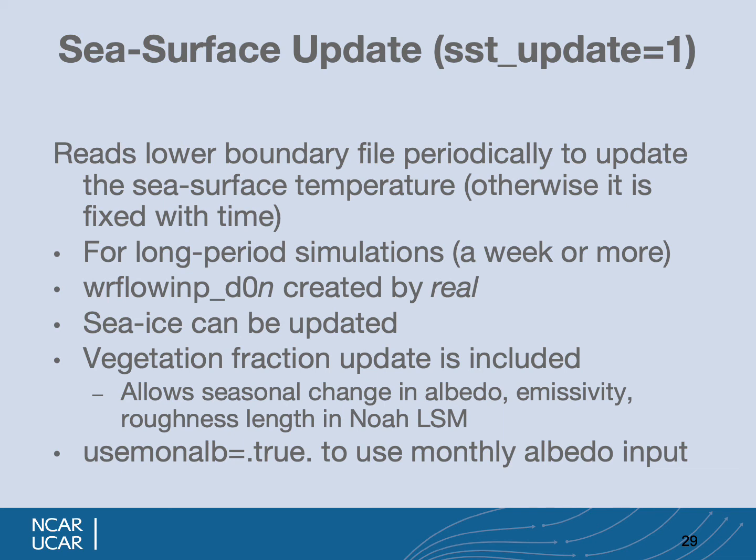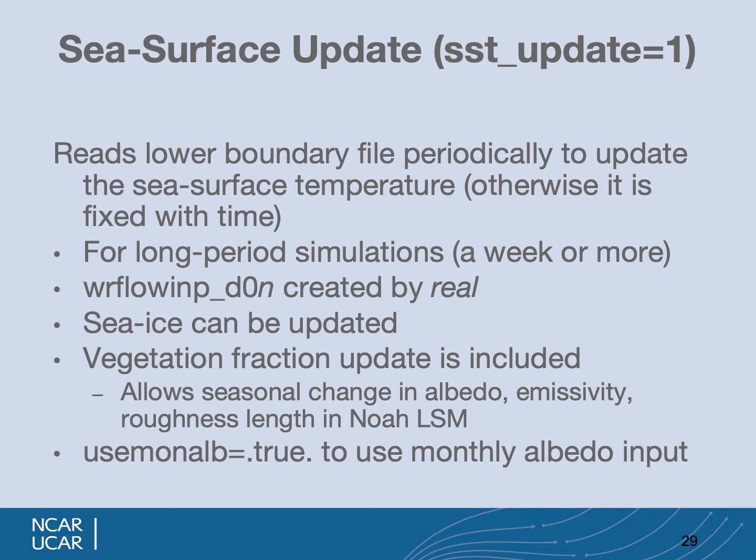Sea ice is also updated at the same time. These fields are put into the WRF input file when you run real with this switch turned on. And they're coming from the same place as your meteorological data. They're coming from the METGRID files, but they're put into this WRF input file, which is a time-dependent file that the model can read as it runs.